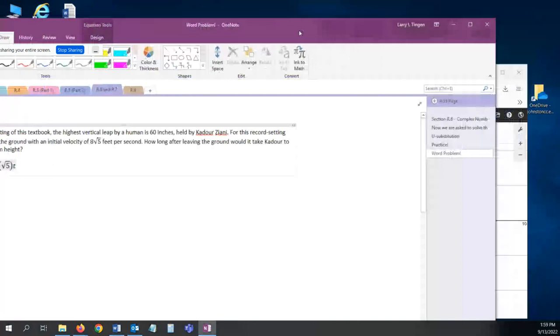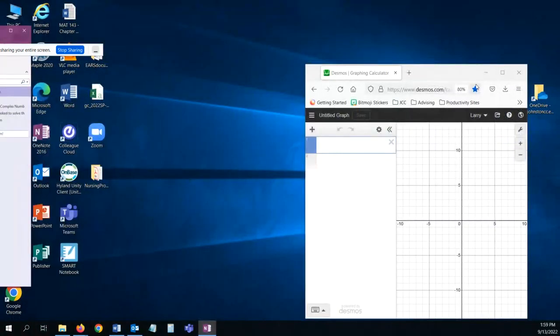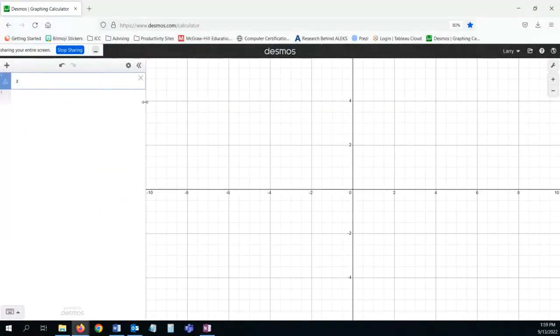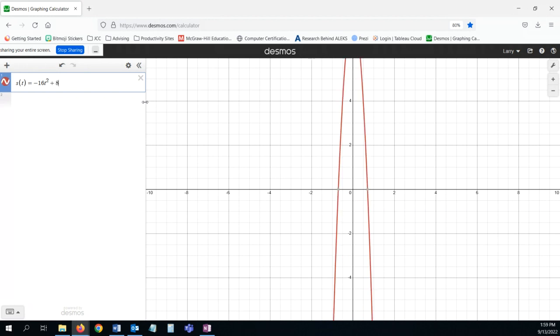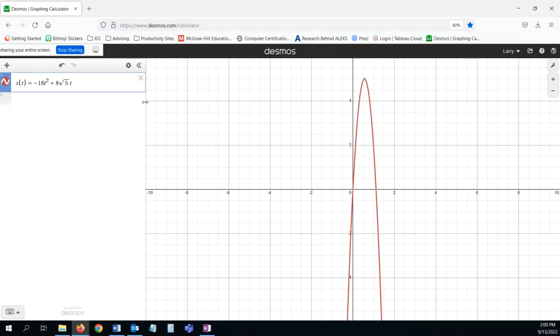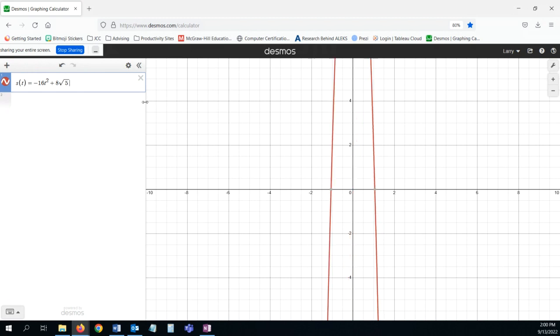So let's make sure by looking at this picture. s(t) is equal to negative 16t squared plus 8 times the square root of 5 t. We'll find out if the answer makes any sense at all. And there we go. Okay.